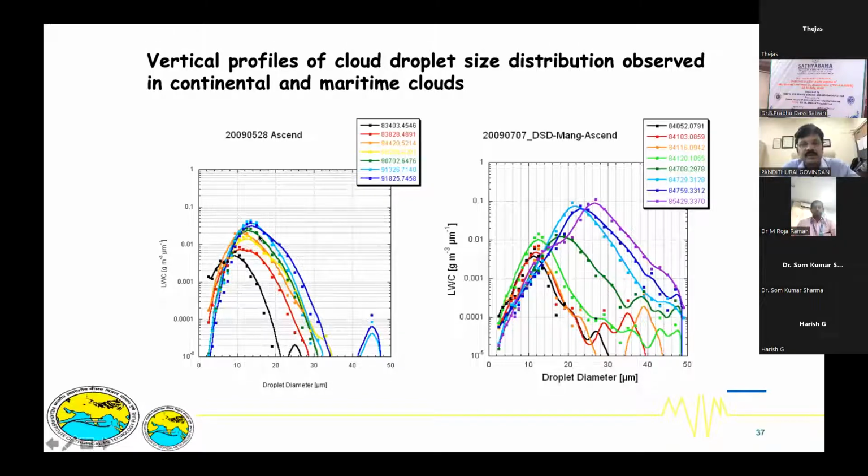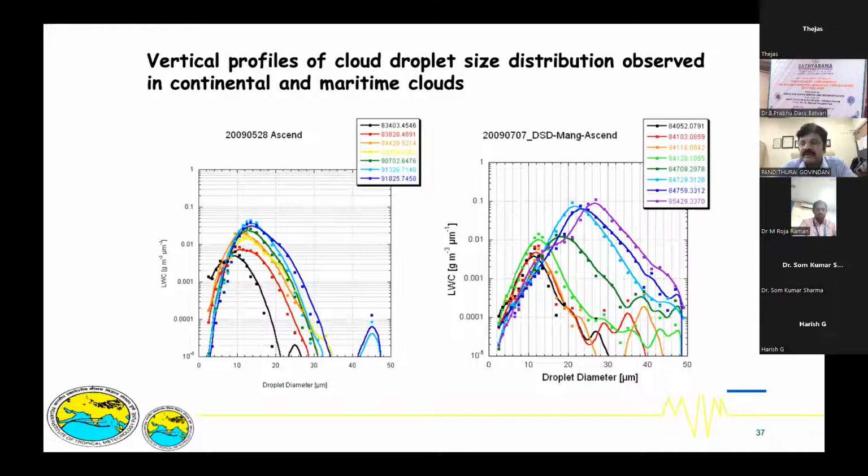Okay, so here if you see, even at the depth of 3 kilometers, the size distribution is still very narrow as compared to the other one over the coastal region. Here you can see even within 2 kilometers, the spectrum got broadened.